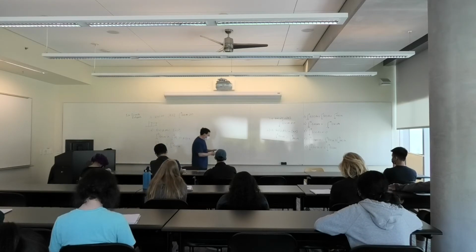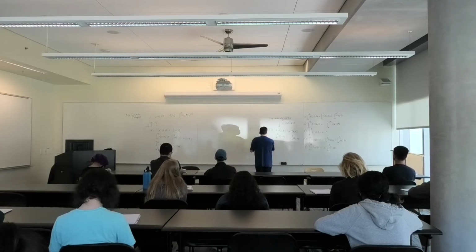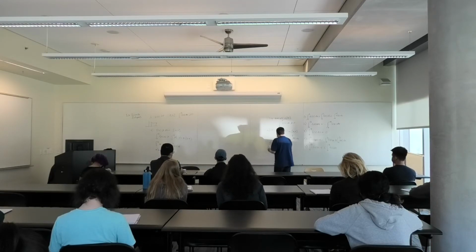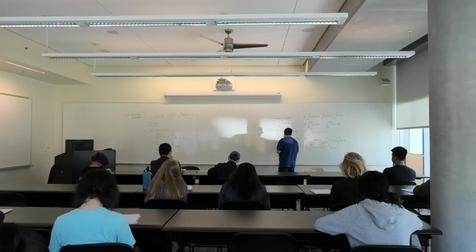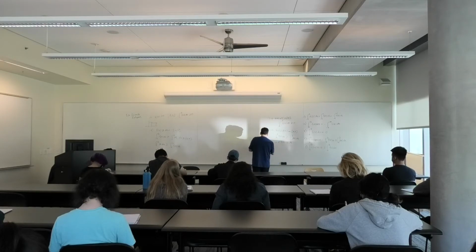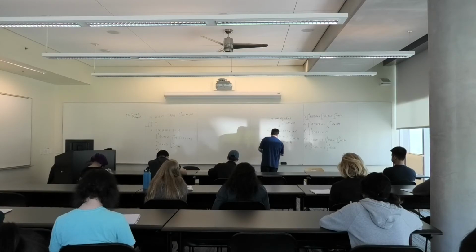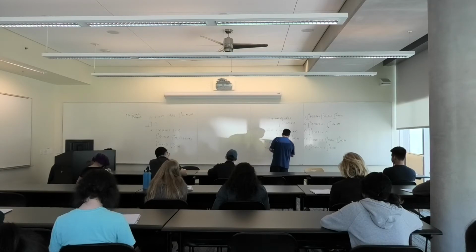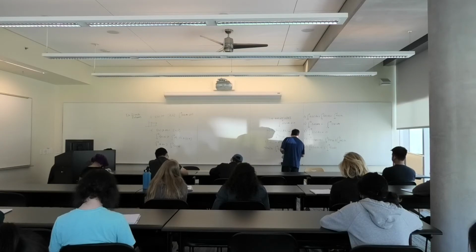This tells us that if f of x is always between little m and big M, some constants, then m times b minus a will be less than or equal to the integral of f of x, which will be less than or equal to big M times b minus a.